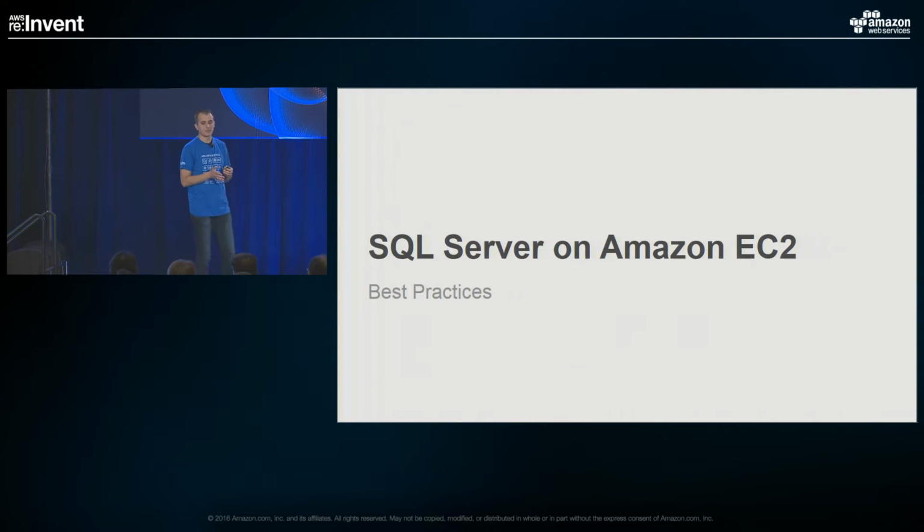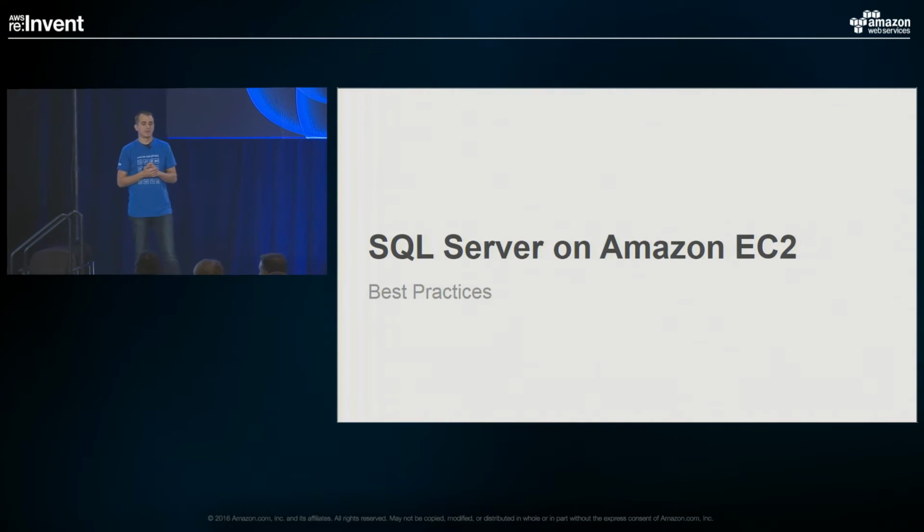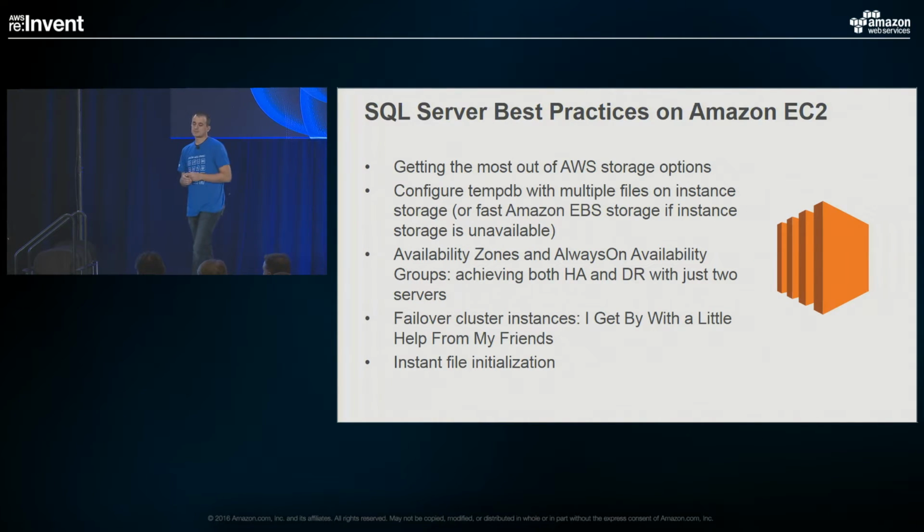So let's dive deeper into best practices for SQL Server. And we'll focus on EC2 first. What are some of the main pain points that you guys are having whenever you're running SQL Server on AWS? I'm willing to bet that probably storage and configuration and storage performance is pretty high up on everybody's lists.